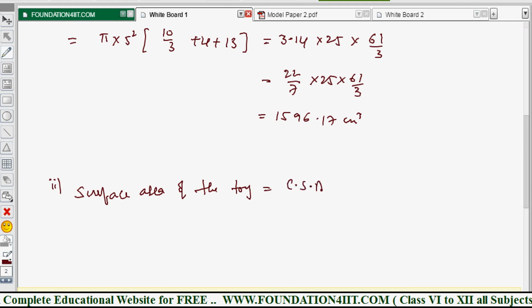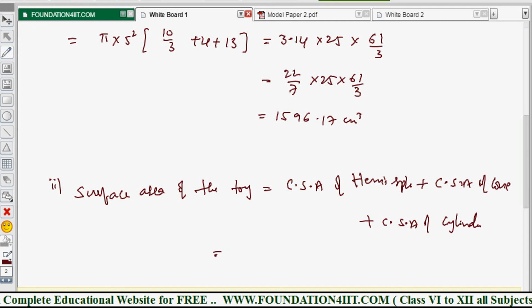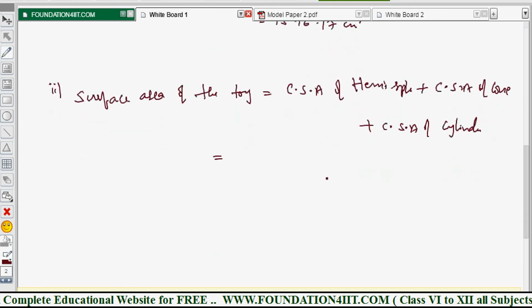Okay, curved surface area of hemisphere plus CSA of cone plus CSA, curved surface area of a cylinder. This is all we need to add. So you just need to remember the formulas clearly.